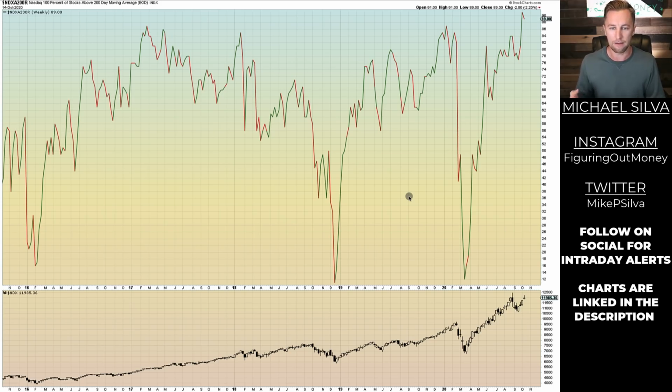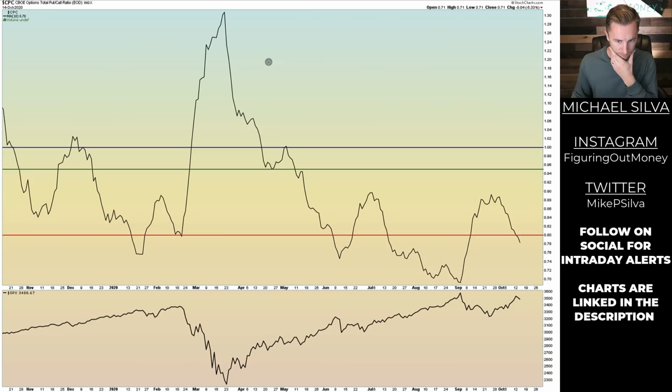So me personally, I'm still that buy at major areas that have good risk versus reward setups. That doesn't mean that you can't short the market. I'm not against shorting the market. You can make a lot of money shorting certain markets and structuring a portfolio with advanced options. You can definitely do that. So do it if you can, and if you know how, I guess I should say.